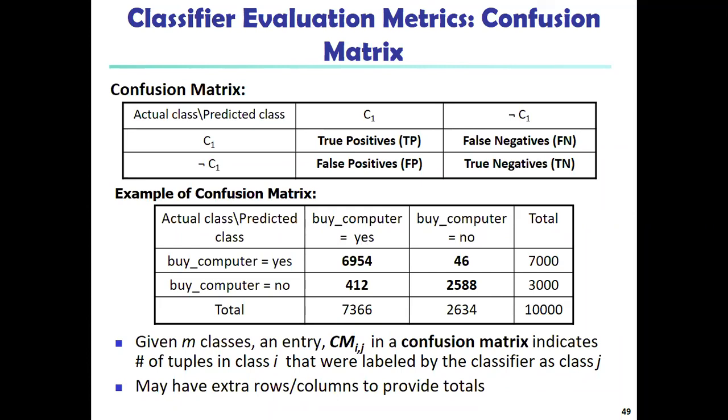What do you understand from this confusion matrix? Anyone can tell me? Hello? Any one of you can give me a response.